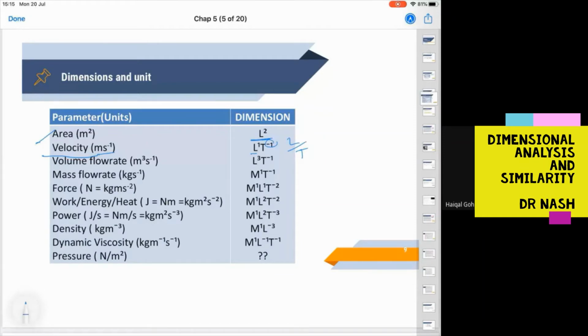And then same goes to volume flow rate, mass flow rate, force, work. Look carefully, work, energy and heat is actually equal to kilogram m power of 2 over s power of 2. So it becomes M power of 1, L power of 2 over T power of 2.